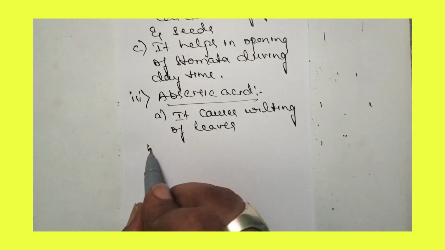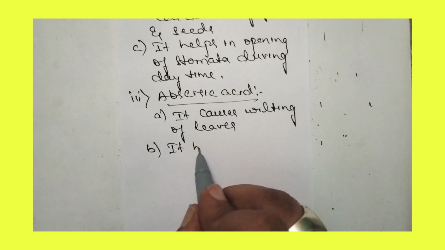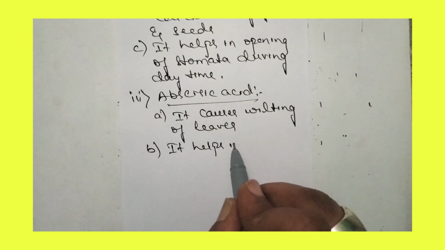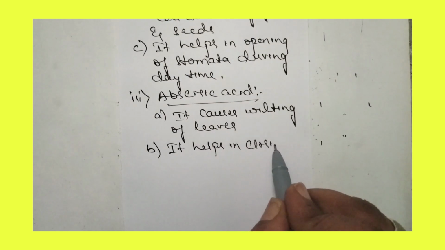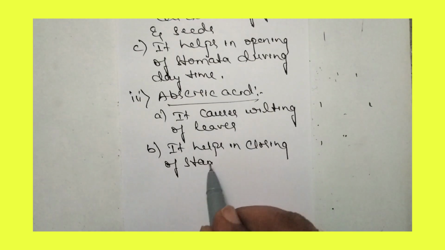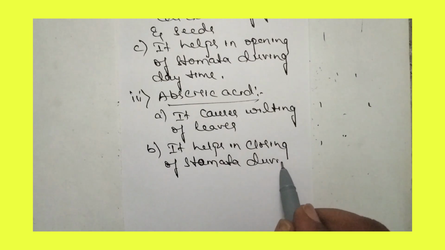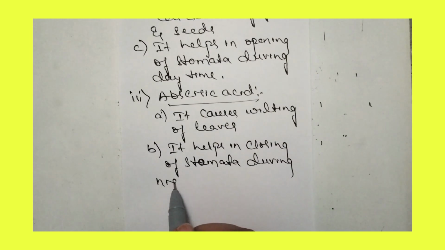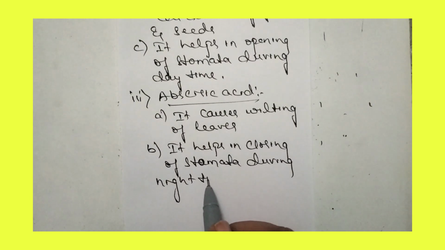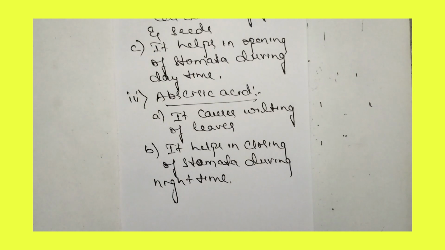And the second function is it helps in closing of stomata during night time. So these are the functions of auxin, cytokinins, and the third one is abscisic acid.